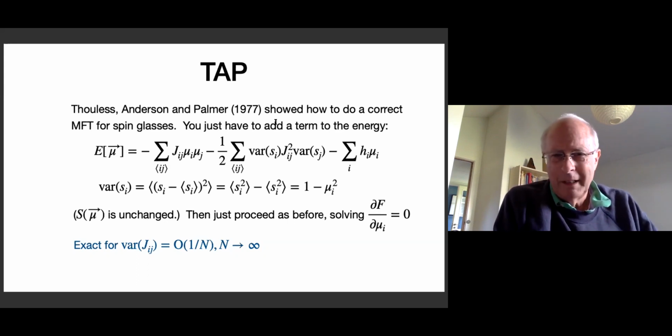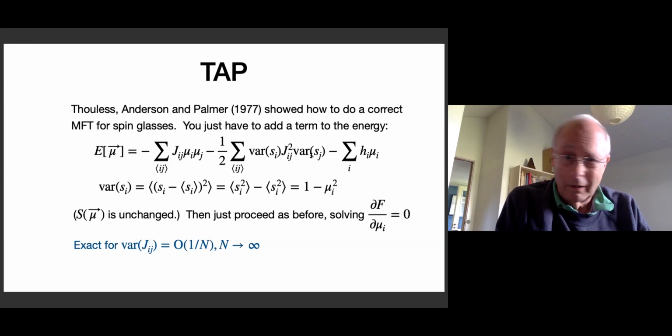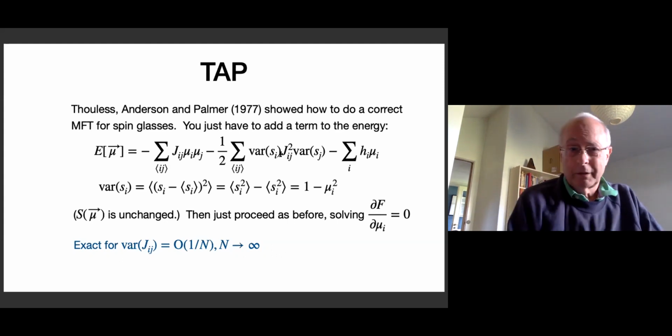And you obviously need this because if the average J is 0, then the first term isn't there at all. So you have to go on to the fluctuations. You get sort of the variance of one of the spins interacting with the variance of the other through the square of the J.